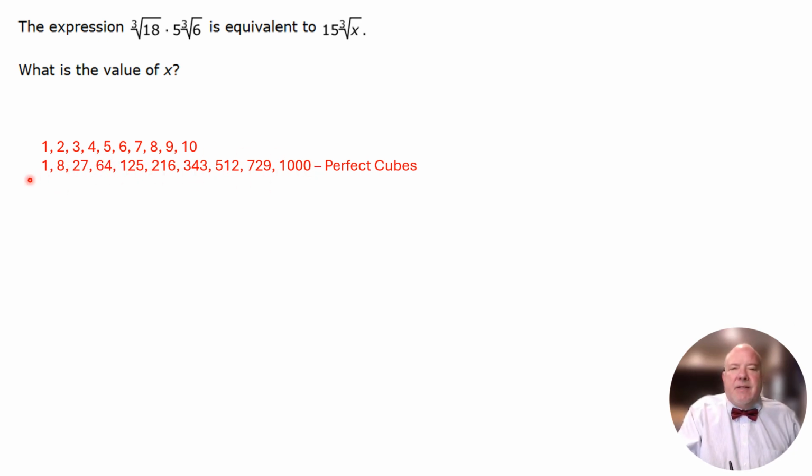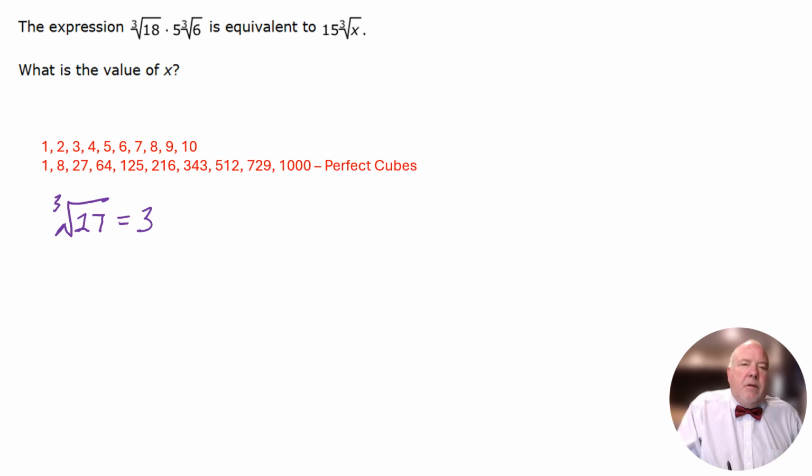So why are these numbers important? Well, these numbers are perfect cubes, and what that means is, let's take 27. If I take the cube root of 27, what that's asking me is what number multiplied times itself 3 times is equal to 27, and that's equal to 3. So when you take the cube root of these numbers, you come out with a whole number.